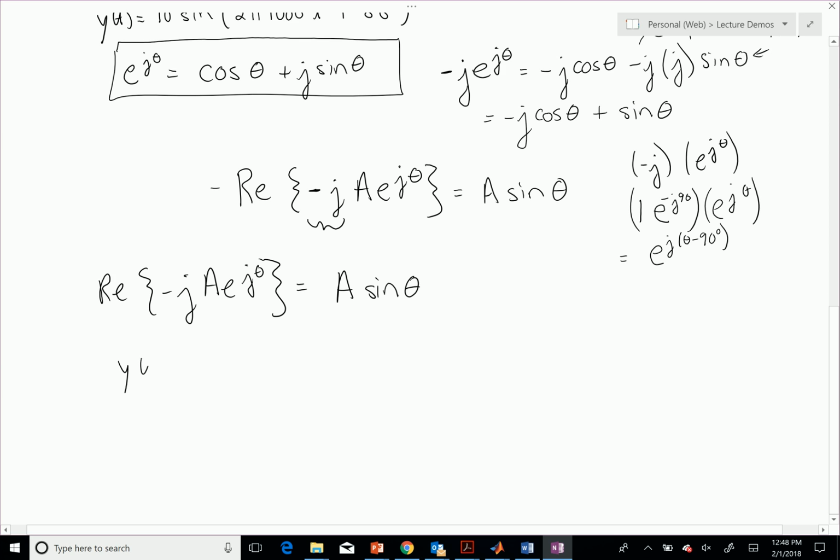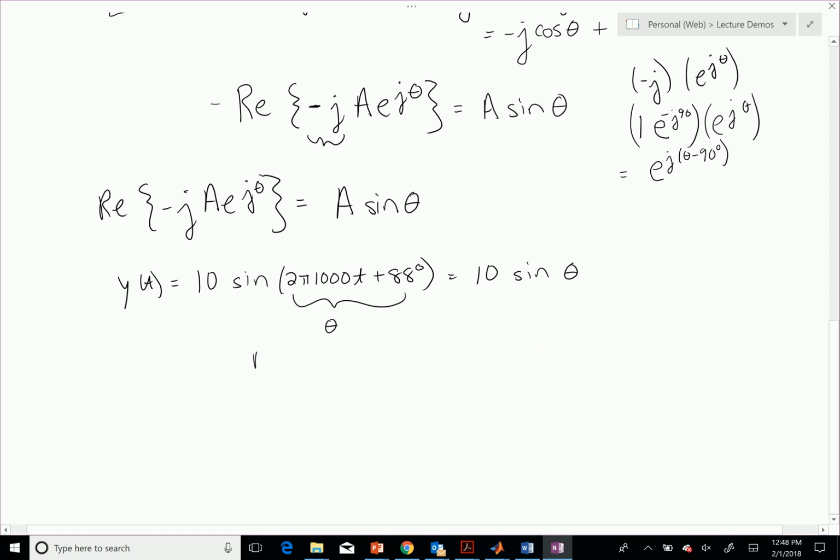So the original problem was y of t equals 10 sine 2 pi 1000 t plus 88 degrees. All right, and I called this theta. So I'm going to write this guy as 10 sine of theta. Now, that has to be the real part of minus j times 10 times e to the j theta. Okay, like that. And so, again, I could write that out as a check to see that that would be true.